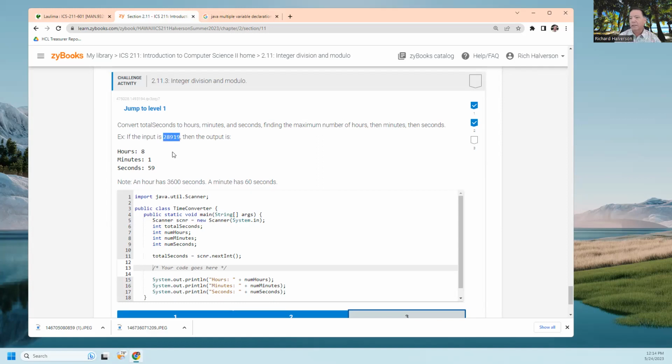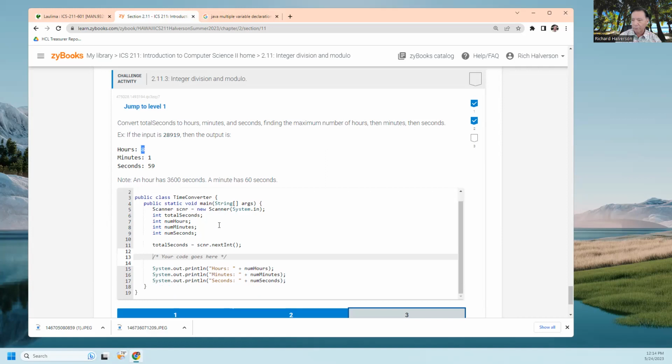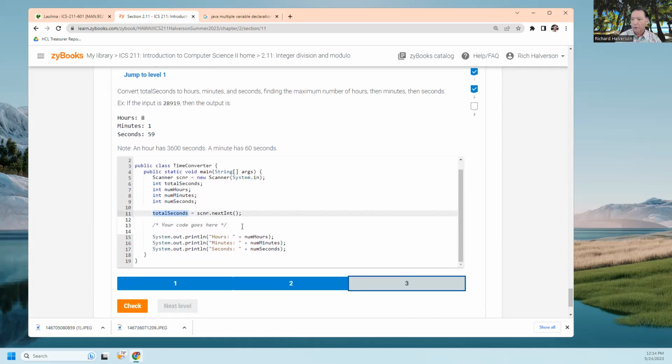This is the number of seconds, and I'm supposed to get that. Okay, so first of all, I'll read in the total seconds, and I want to compute the number of hours. First of all, let me compute the number of minutes.